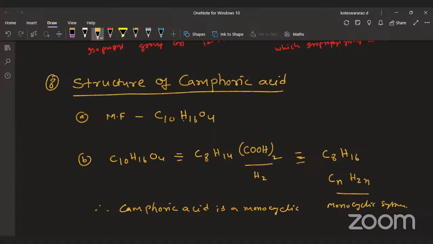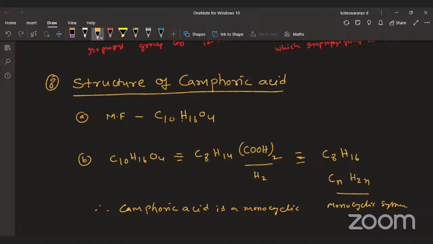But here it is not possible to know the ring size because it has only 8 carbons. In the previous case, we generated paracymene from camphor using zinc chloride and phosphorus pentachloride, or carvacrol by distillation with iodine. In both cases we can identify a 6-member ring.